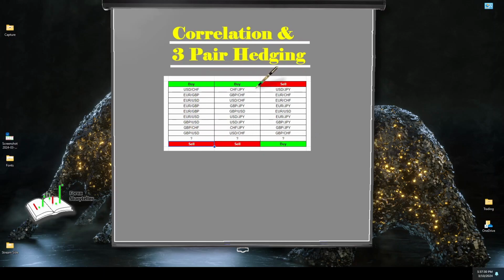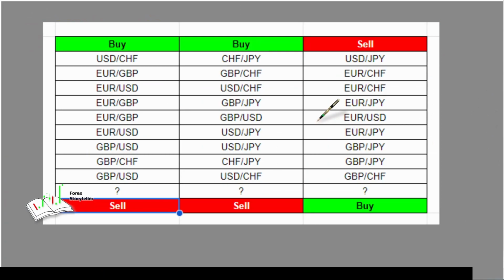Now these are all correlation dependent. If you want to snap a quick screenshot, let me turn on the zoom real quick and we'll take a closer look at this together.